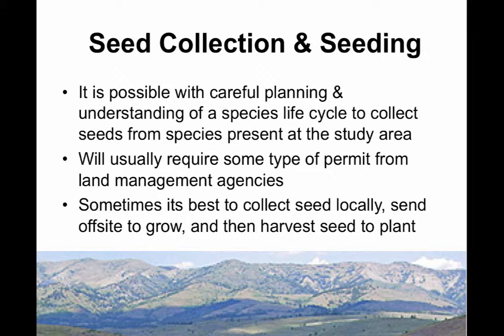If you're dealing with a species like lodgepole pine or jack pine, or another conifer species that has serotinous cones, in other words, cones that are tightly held and require certain temperatures to open up and release the seeds, typically following wildfire, you want to understand the requirements of the species and its life cycle to germinate and to become established on the site you're trying to restore. So it's really critical to understand that species life cycle.